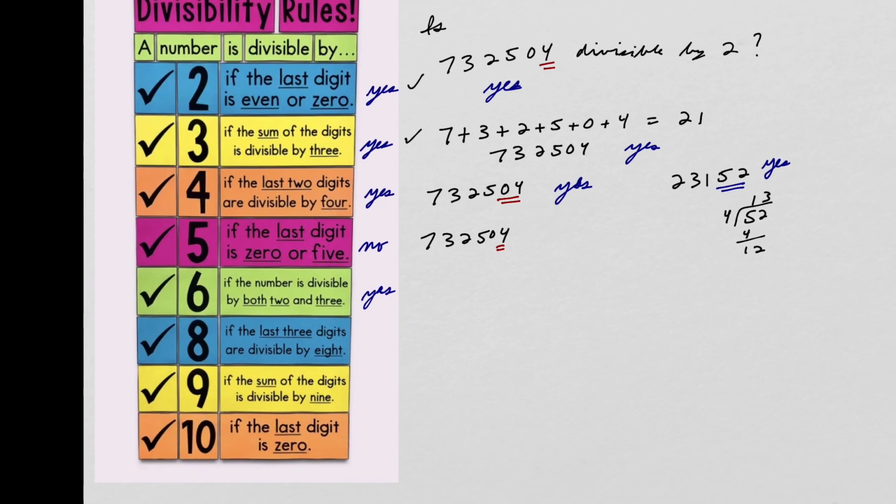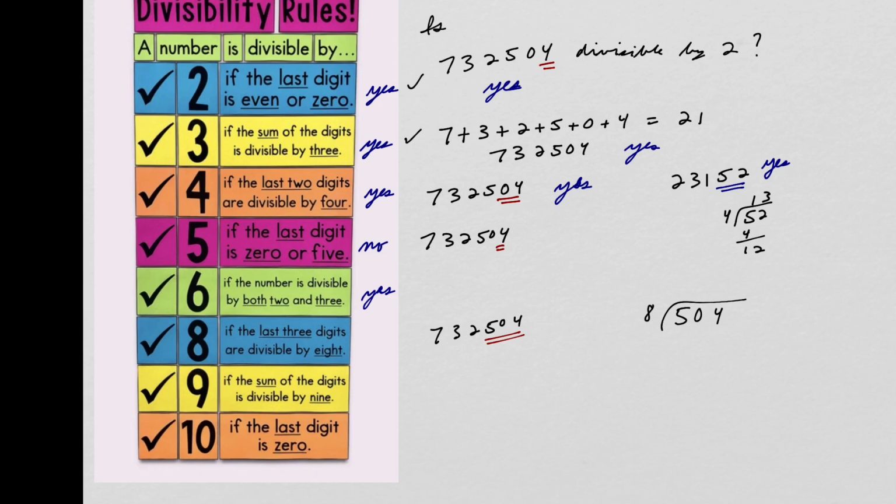So we'll go right to 8. The rule for 8 is if the last 3 digits taken as a number is divisible by 8, then the original number is divisible by 8. So let's check our number again. Now I have to look at 504. Is that divisible by 8? Let's do it over here. How many times does 8 go into 50?